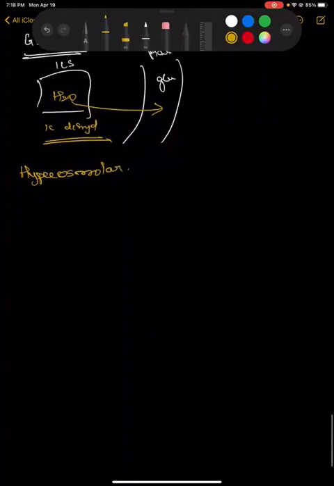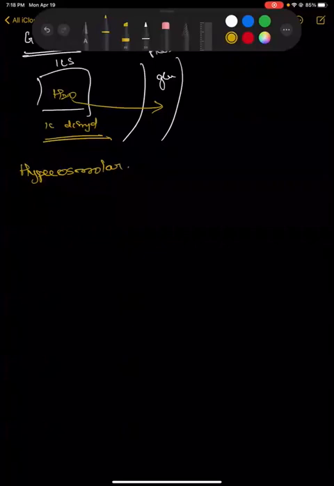And if they are able to drag water along with them, it is called hypertonic. Therefore, not all hyperosmolar substances are hypertonic because, as I said, urea does not pull water inside the plasma.